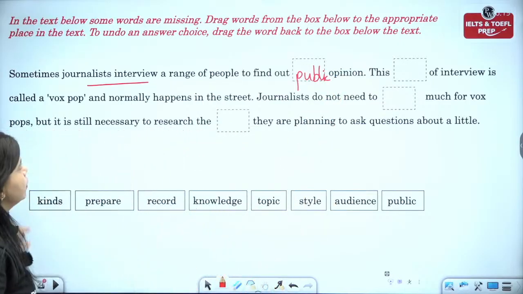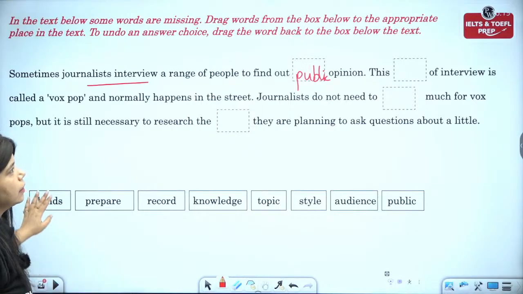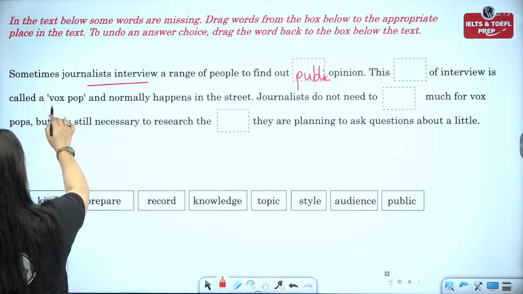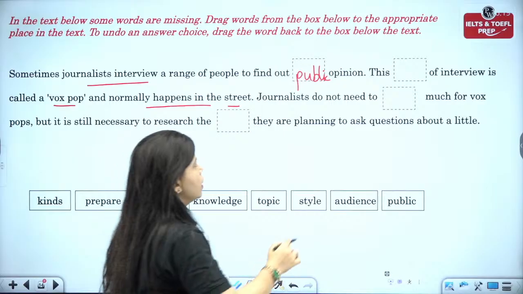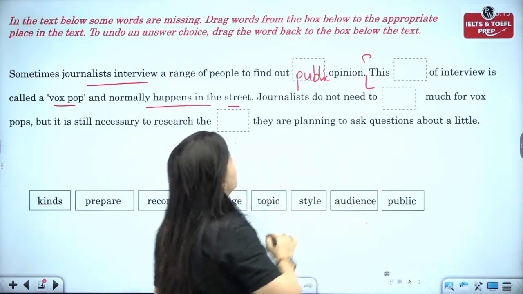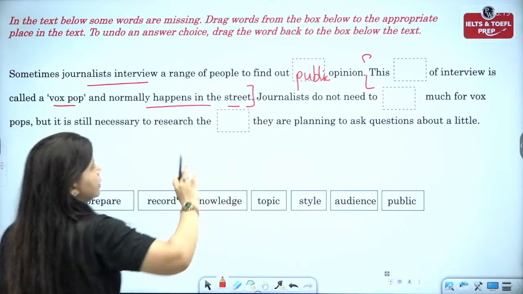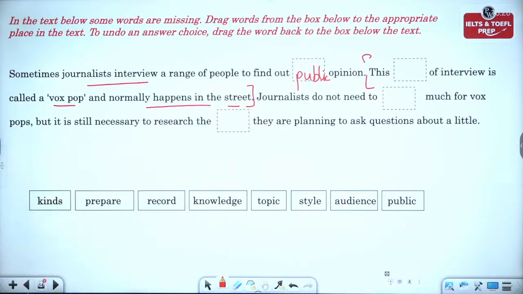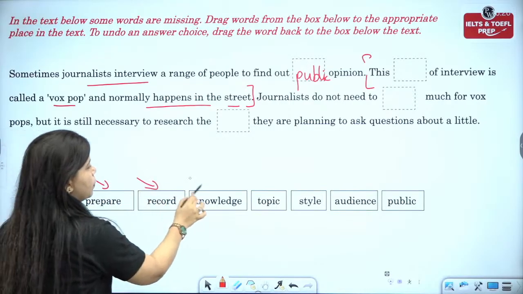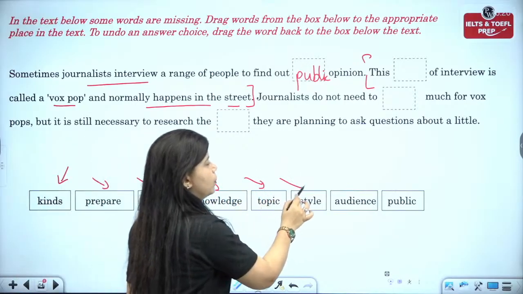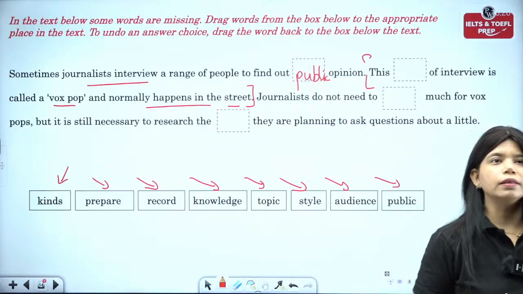So sometimes journalists interview a range of people to find out public opinion. This dash of interview is called a vox pop and normally happens in the street. This dash of interview means what? Do you say this kinds of interview, prepare, record of interview, knowledge, topic of interview, style, audience, or public?